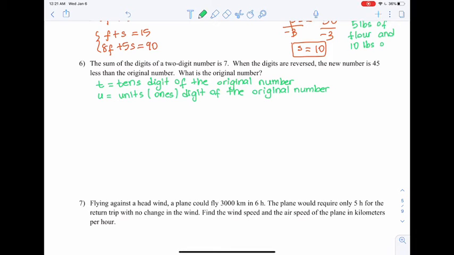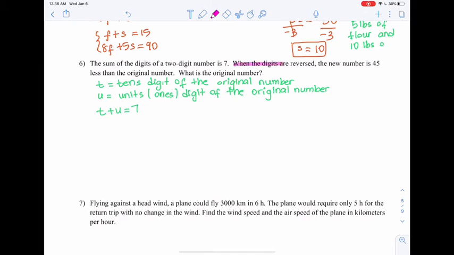So the original number is like TU. Based on the given information here, the sum of these two digits, T plus U, is equal to 7.